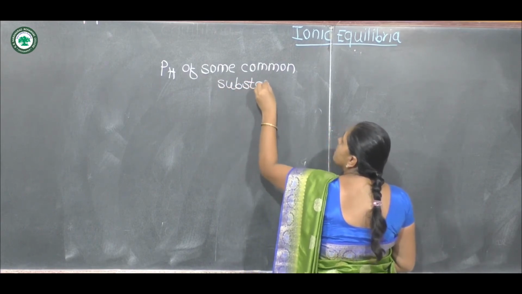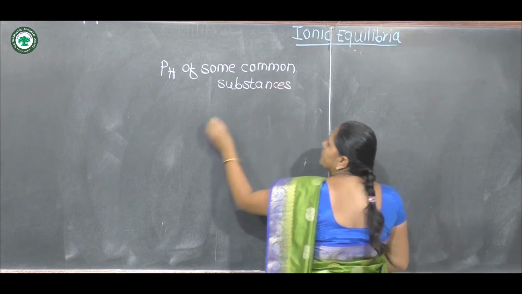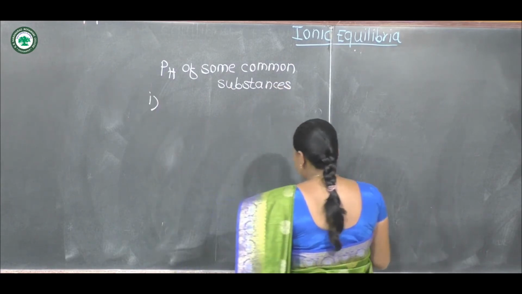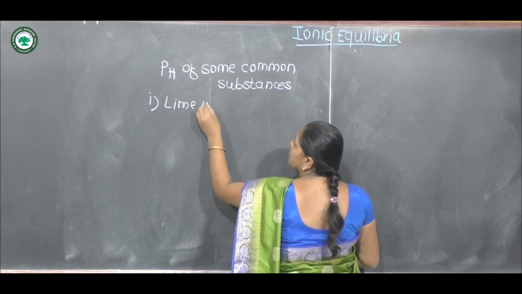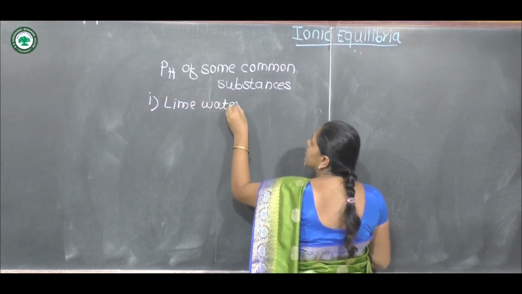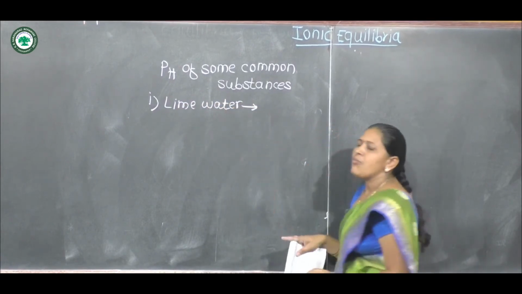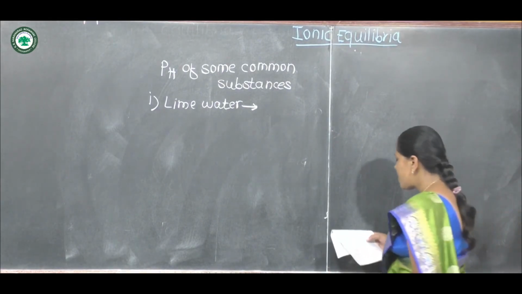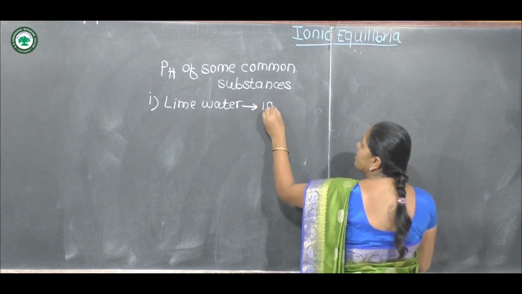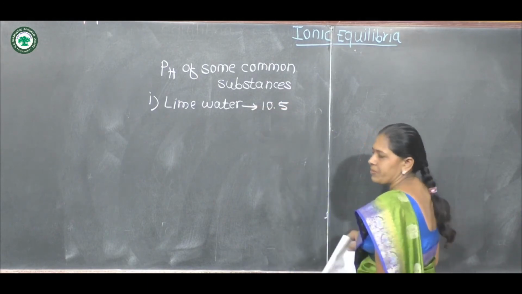First, lime water. We know that lime water is basic because it is a base, therefore its pH is always greater than 7, 10.5.